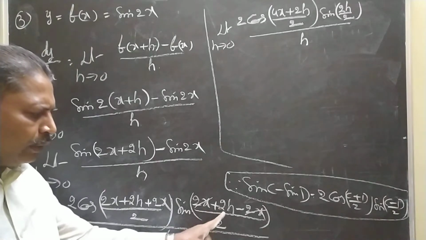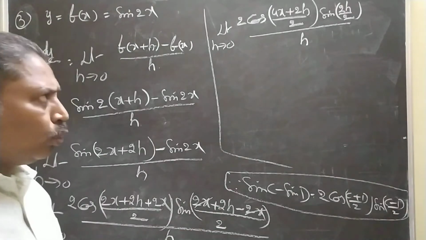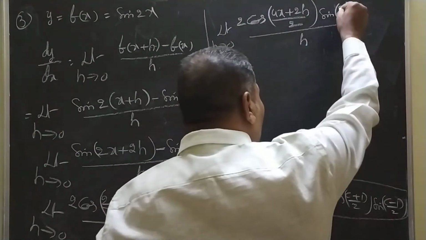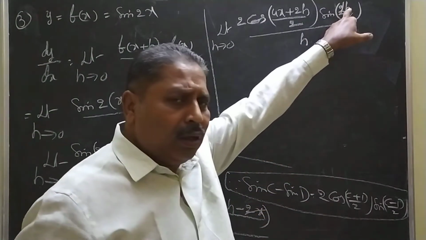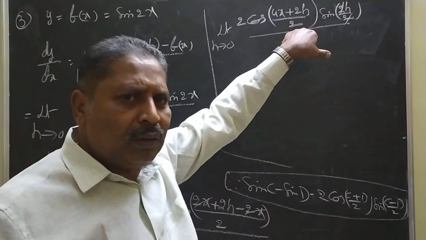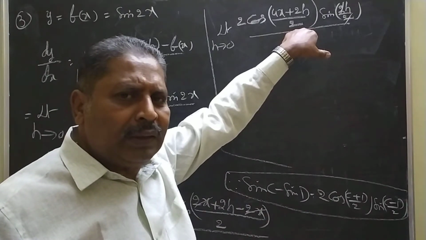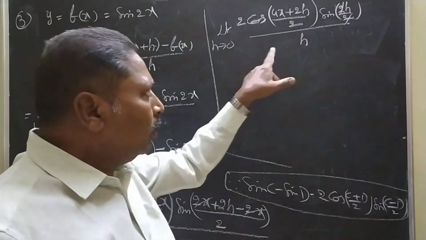The 2s cancel, leaving sin theta by theta, whose value equals 1.